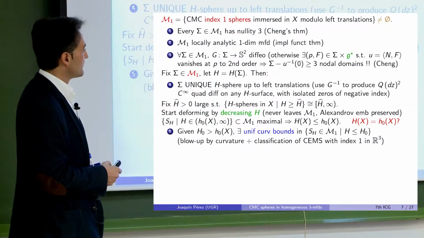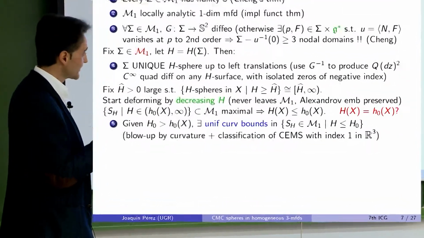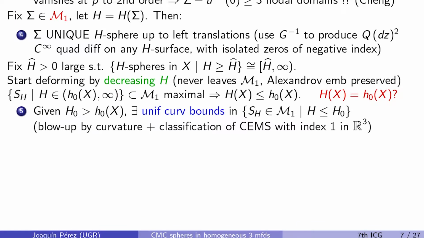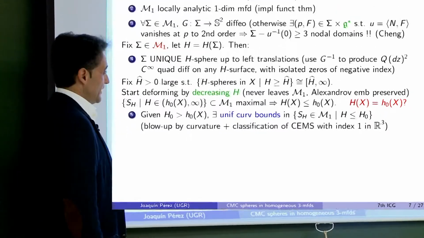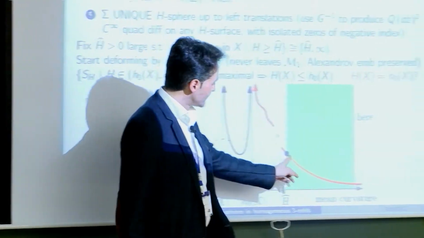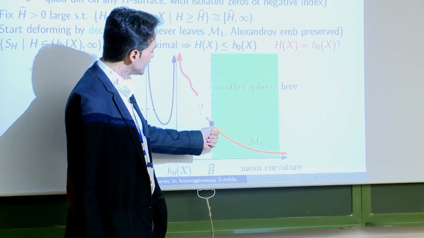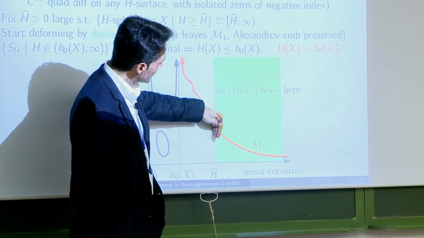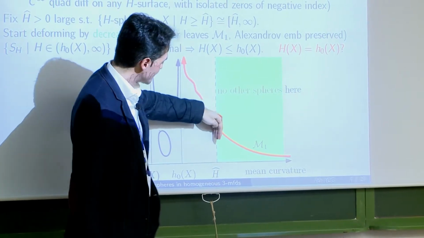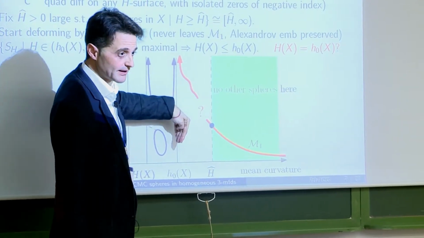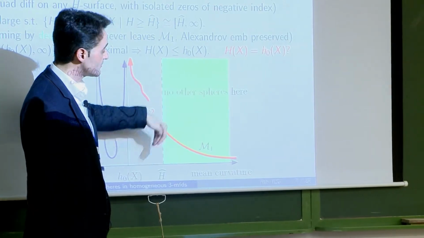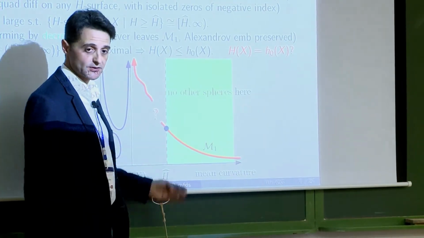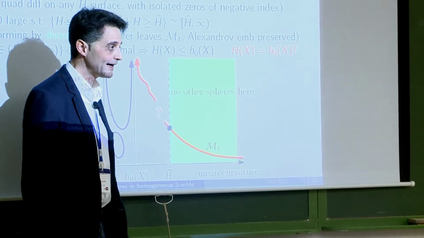Well, curvature bounds, or bounds for the second fundamental form, are for free. I mean, here you have more or less an argument that explains why. If you fix a value here, for instance, and you consider all constant mean curvature surfaces below that level, or spheres below that level, you have for free uniform bounds for the second fundamental form of such surfaces. Why is that?